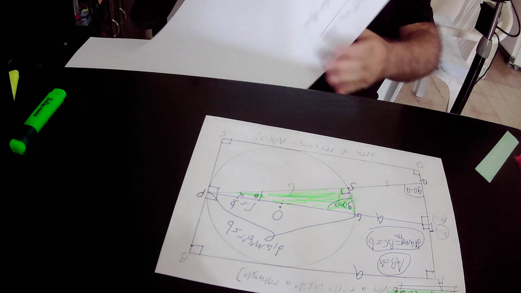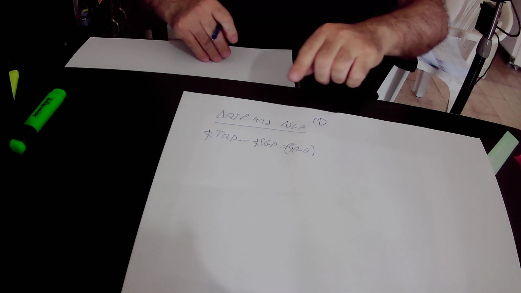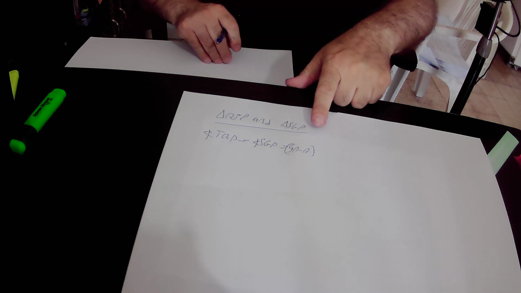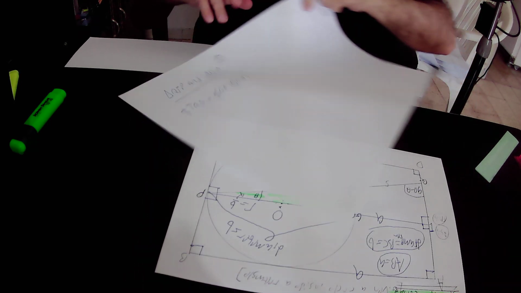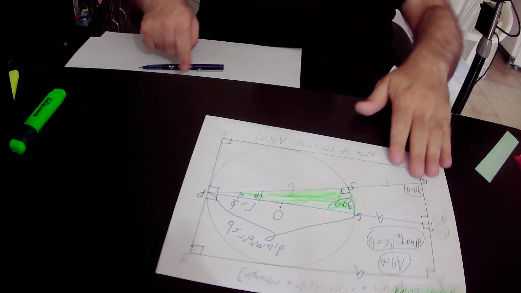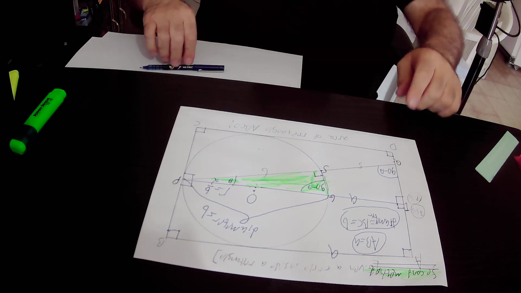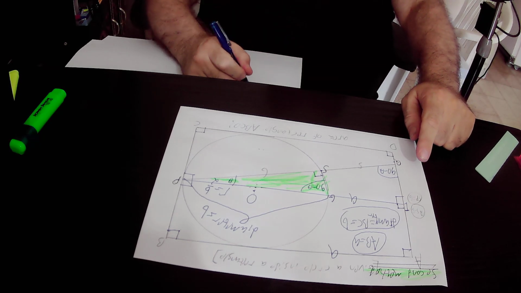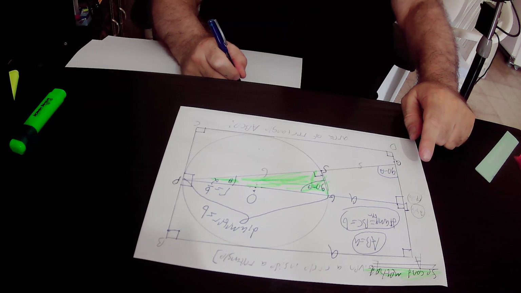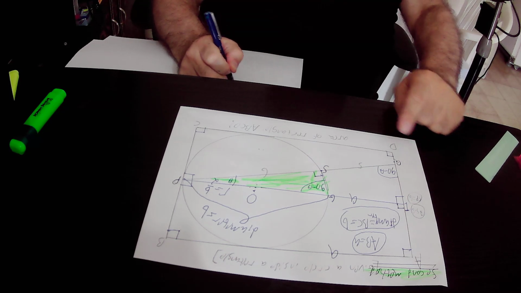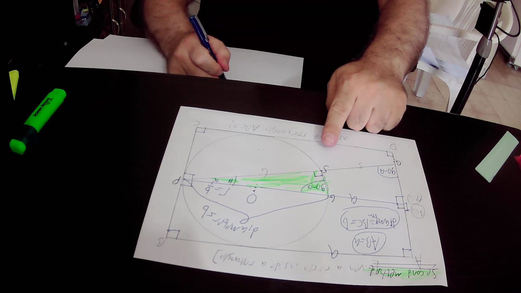In addition, those two angles are both equal to 90 degrees, therefore they are equal to each other. So angle QTP is equal to angle GSP.